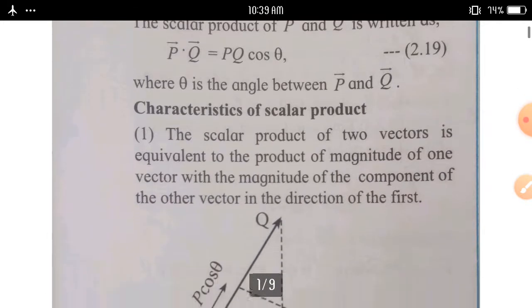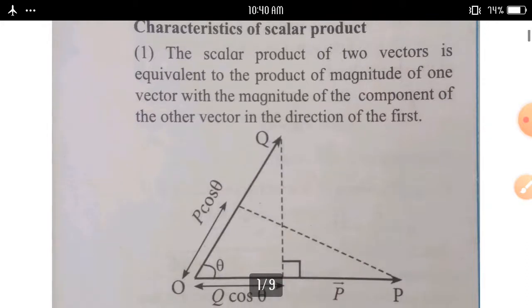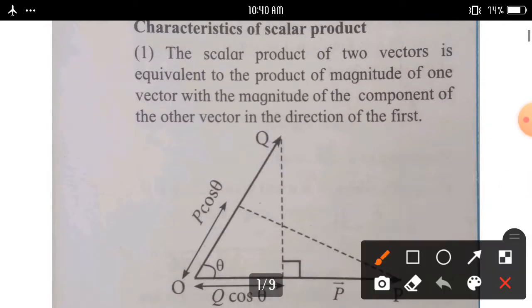First characteristic of scalar product: the scalar product of two vectors is equivalent to the product of the magnitude of one vector with the magnitude of the component of the other vector in the direction of the first.